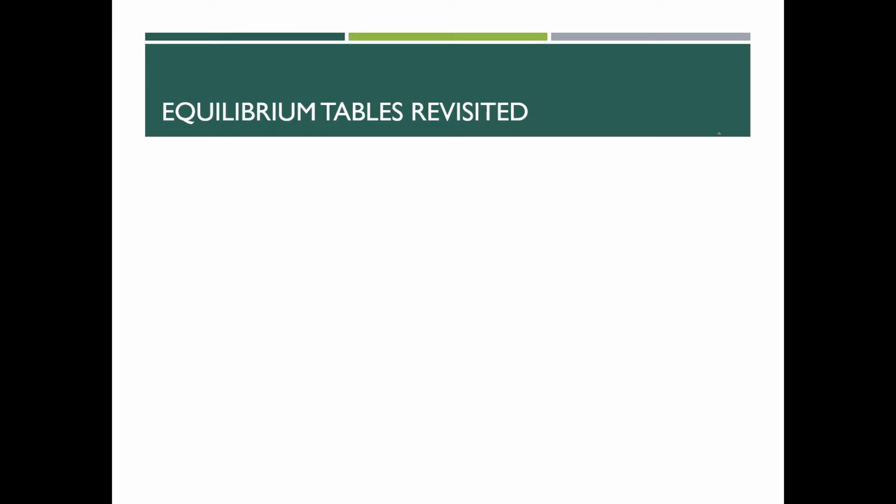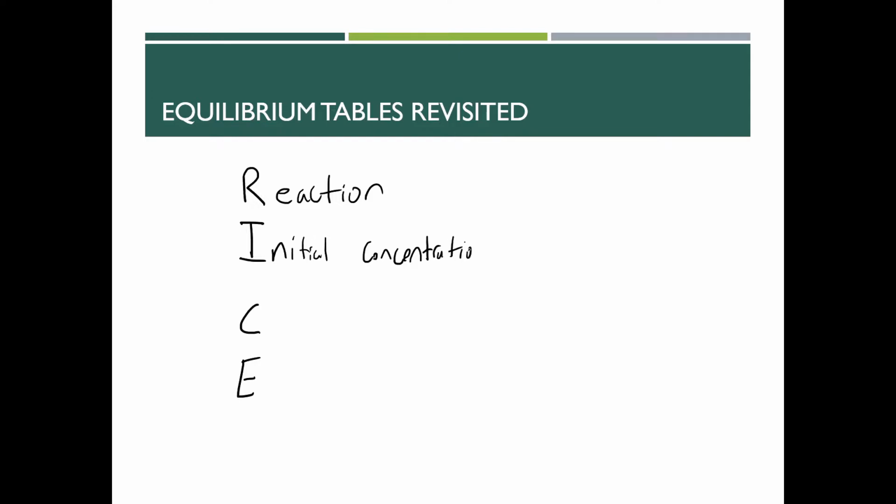If you remember our equilibrium tables, we called them Rice tables. And it stood for the following, where at the beginning, the top of the table, you wrote down your reaction. And then you followed up with initial concentrations. Remember, it's concentrations, not moles.